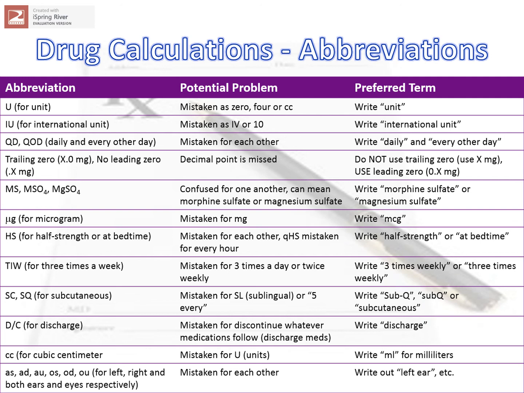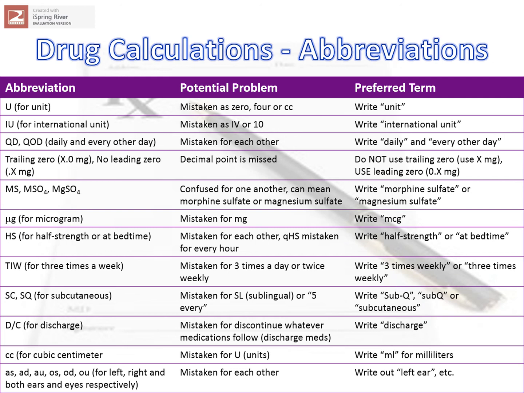It's also on the Joint Commission website. It's things like when you write a U, sometimes it gets confusing because people don't write very well. It could be mistaken for a 0, a 4, or a CC. And so we don't write unit anymore.